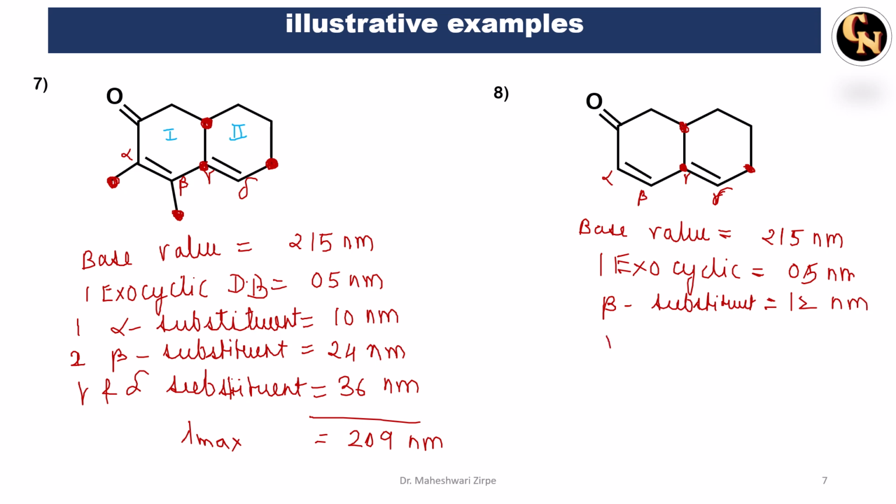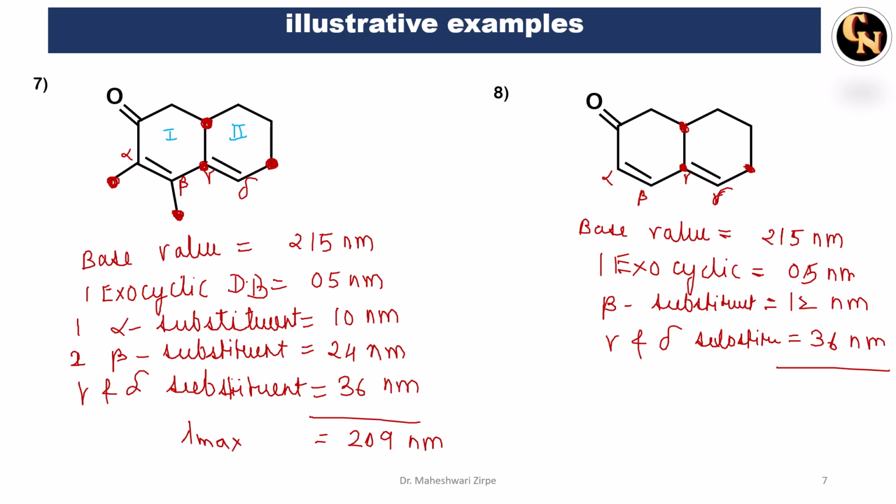Then for the gamma and delta substituents, we are going to add how much? Gamma and delta 18 into 2, that is 36. So here your value comes out to be 215 plus 5 plus 12 plus 36.